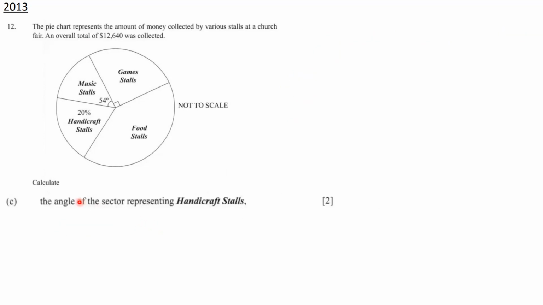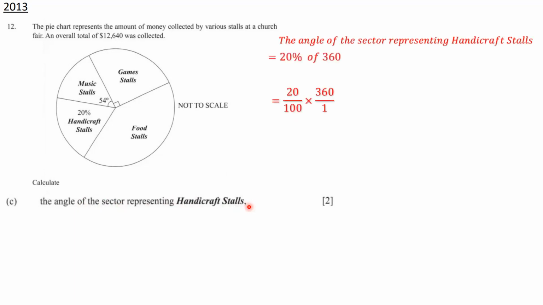It says we want the angle representing handicraft stalls. We know the handicraft stalls is 20%. That's going to be 20% of 360. Well, 20% is 20 over 100 multiplied by 360 over 1. Again, the "of" means multiplication.